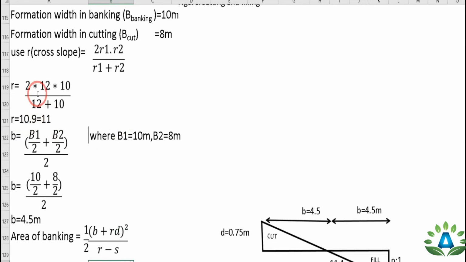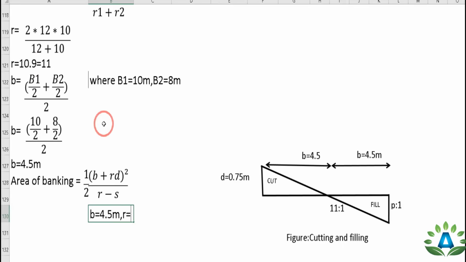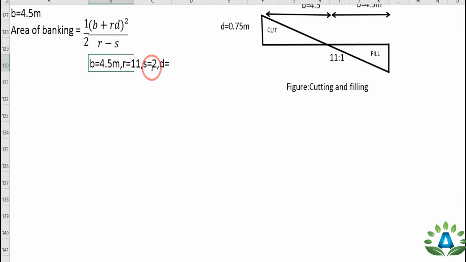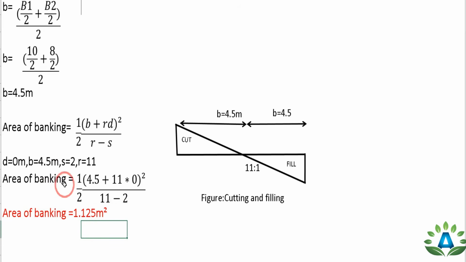So we have already calculated this cross slope, that is 11. So R equals to 11. We have the side slope for banking, that is 2:1. So S equals to 2 and the depth equals to 0 meter. So let's put the value in this equation. So when you put all these values in this above formula, then we will get this area of banking as 1.125 meter square.